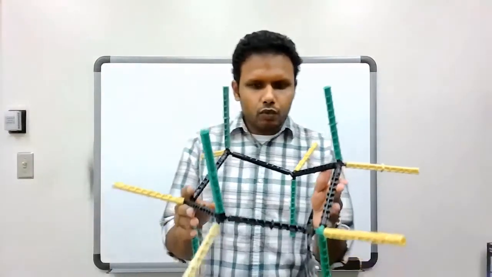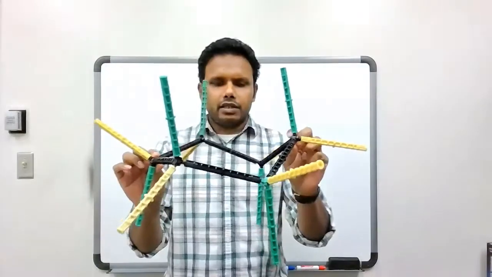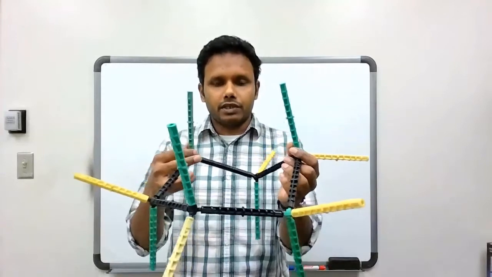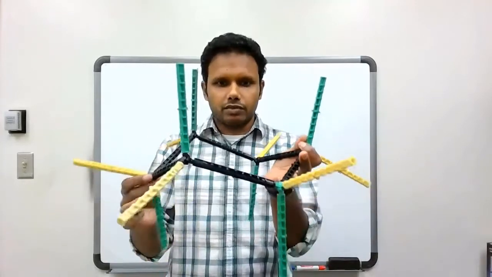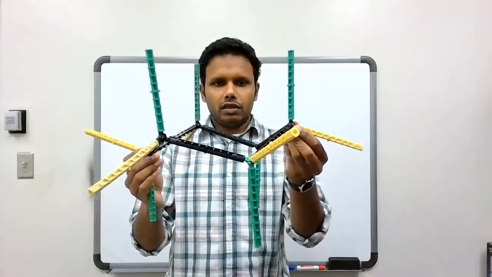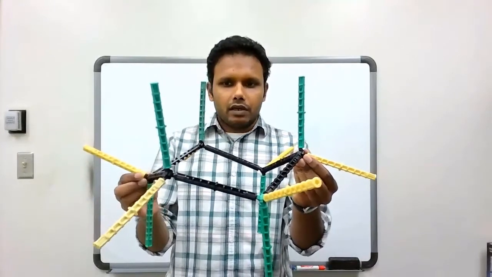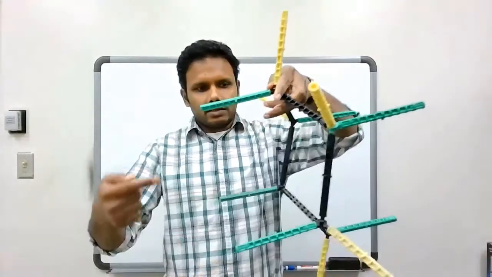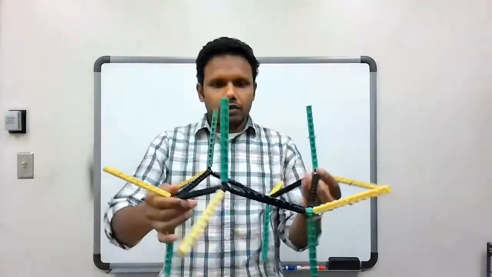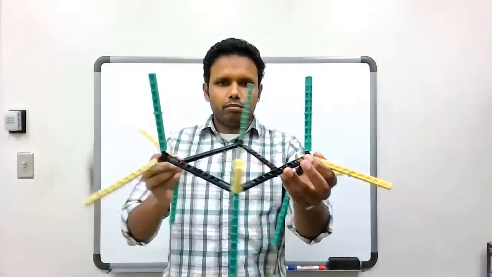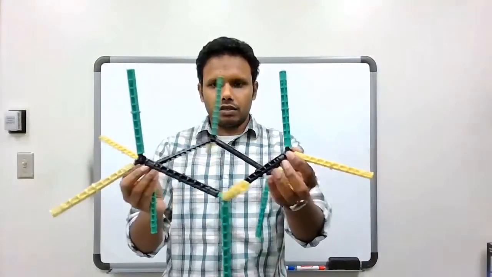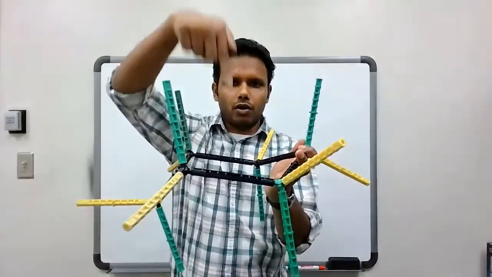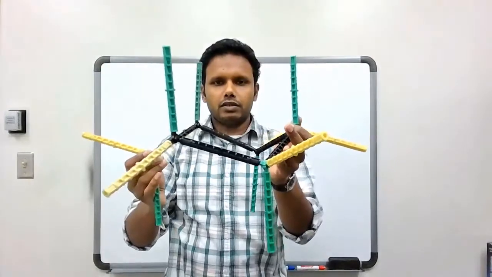Now, when you look at this cyclohexane model, I've color-coded the bonds that represent the hydrogen atoms. Notice how there are some green and some yellow. If I imagine an imaginary axis that goes through the center of this ring, about which the ring can be rotated, then notice how the green carbon-hydrogen bonds are all parallel to that axis.